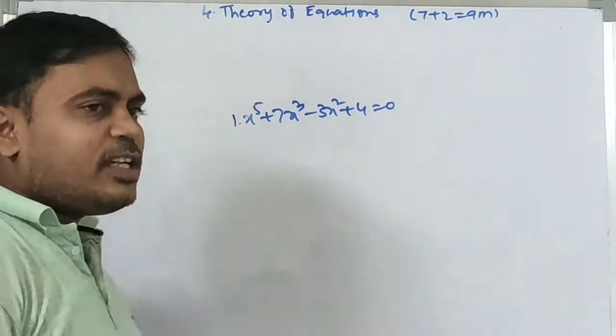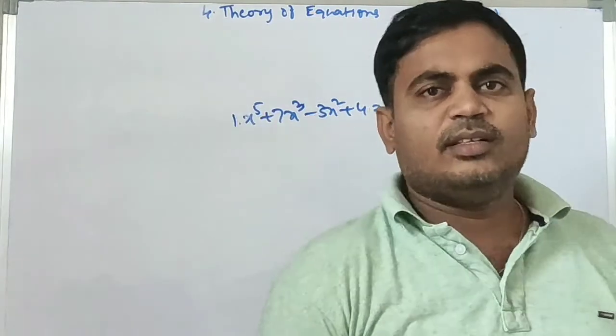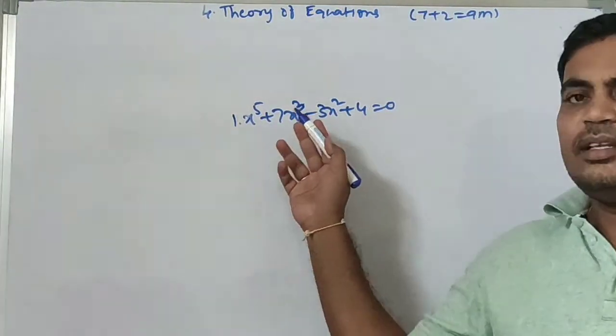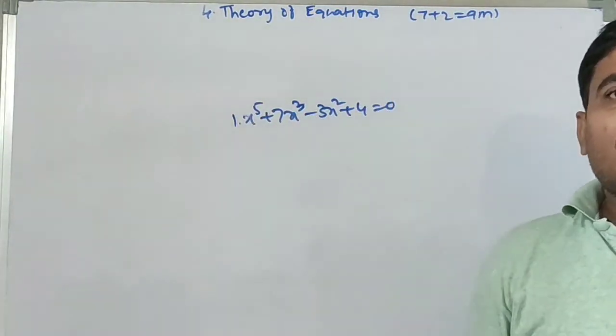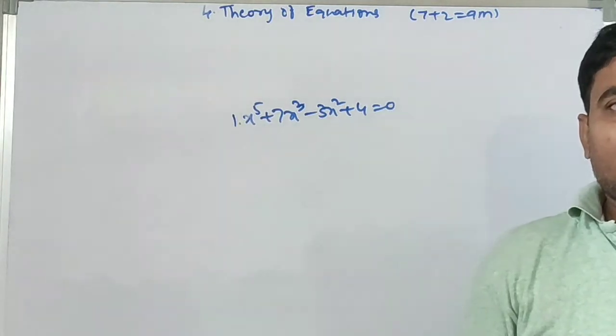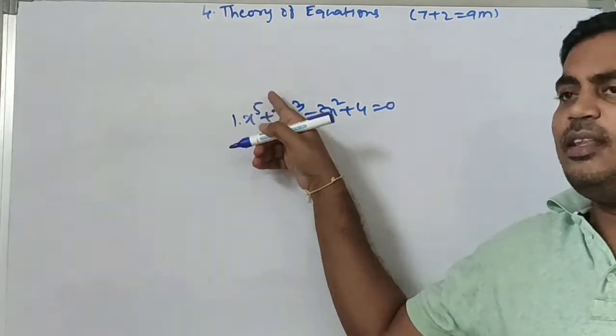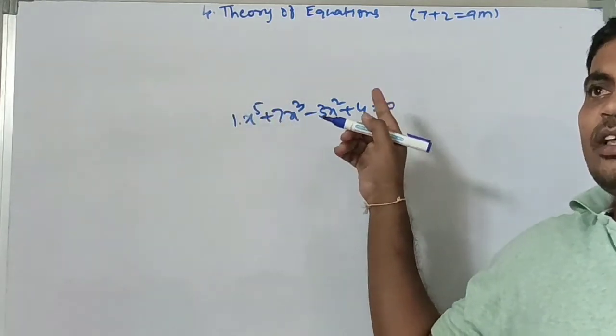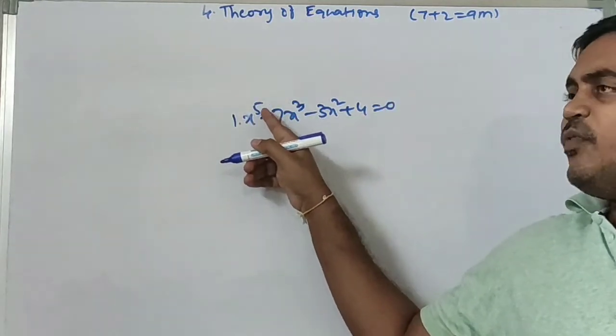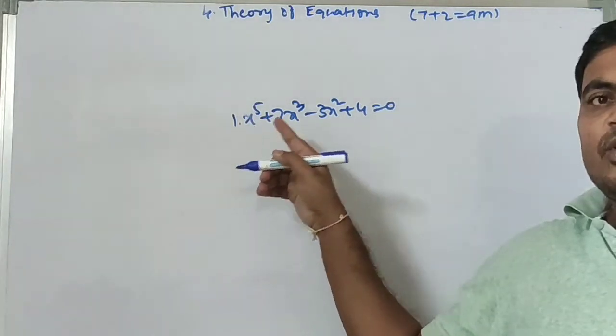1. If the highest power coefficient is equal to 1, then the polynomial is called a monic polynomial. One more time: here the highest power is 5, the degree of the polynomial is 5, and the coefficient of x power 5 is 1.